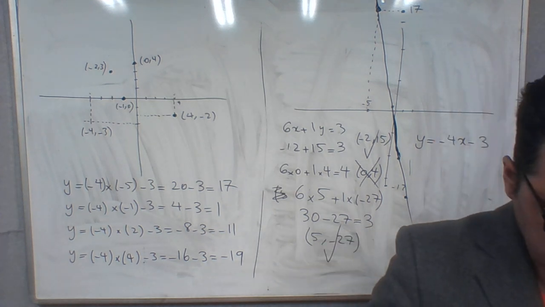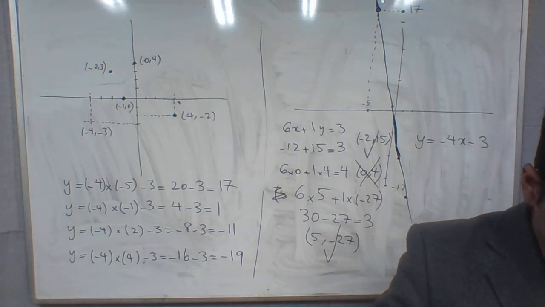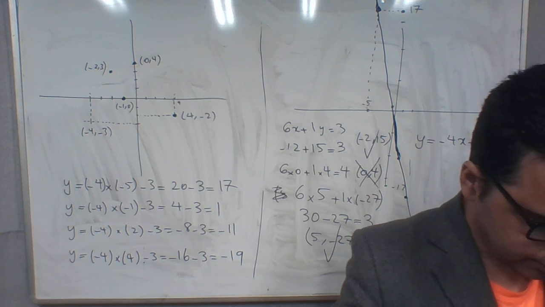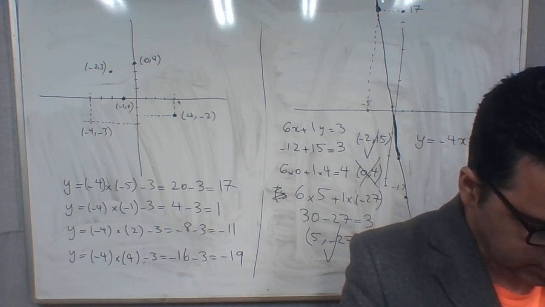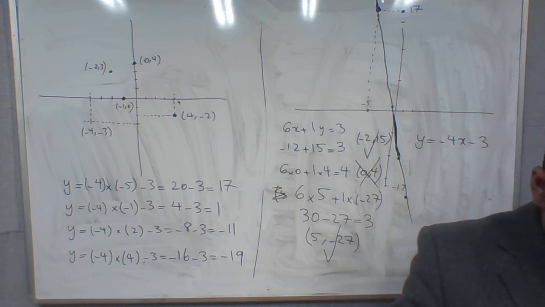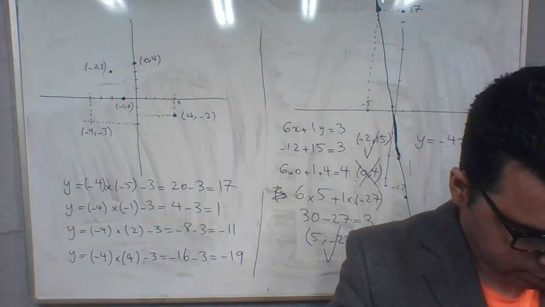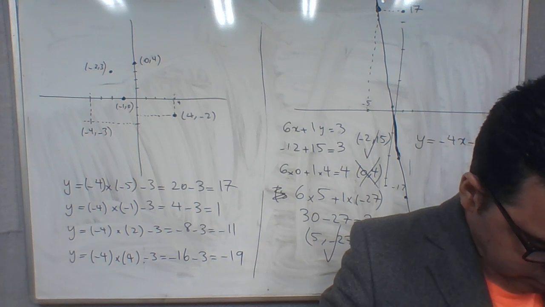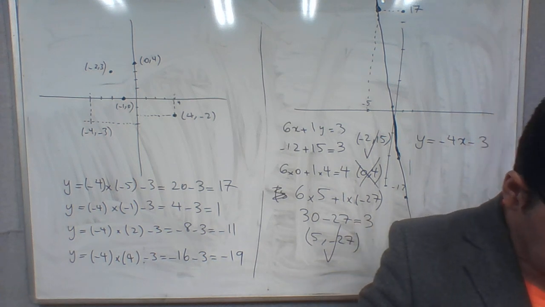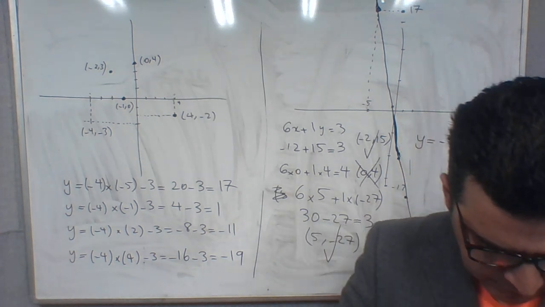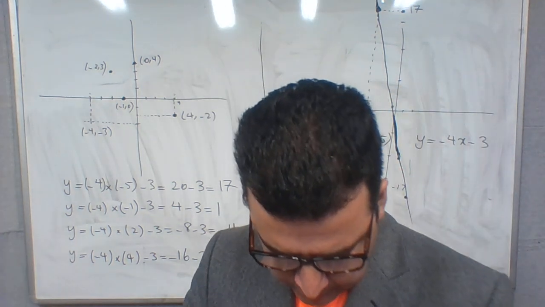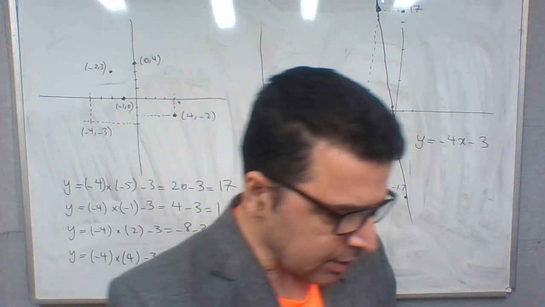Okay, we go to the next problem. Number 99. Identify the intercepts of the graph. Okay, for intercepts, we have y-intercepts and x-intercepts.